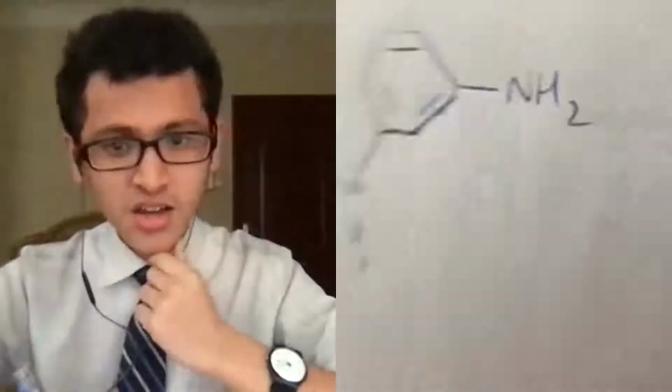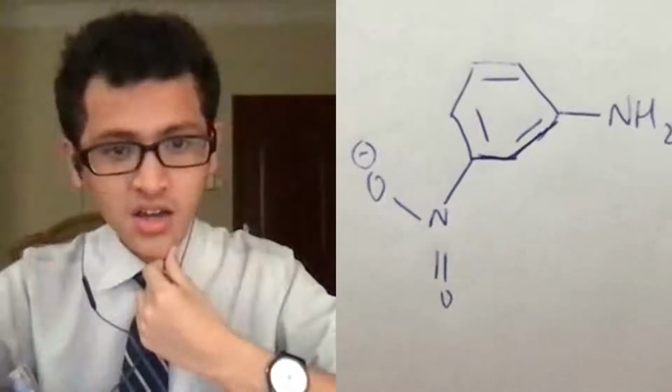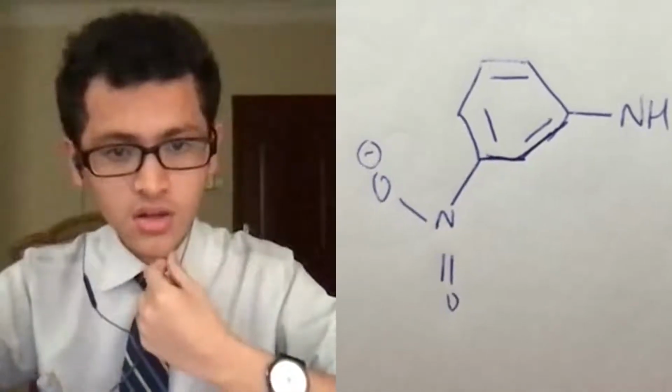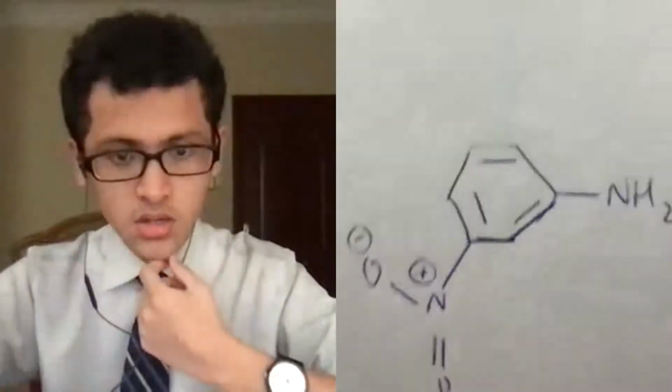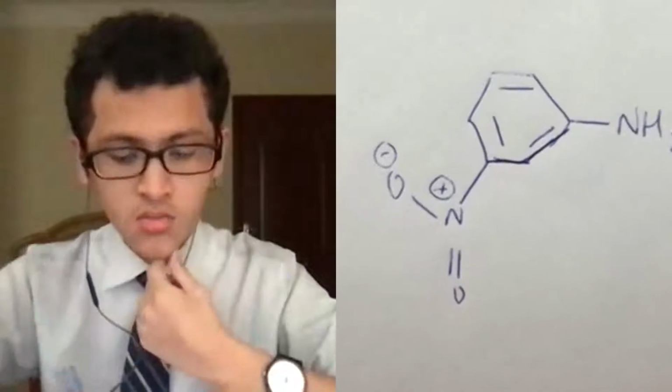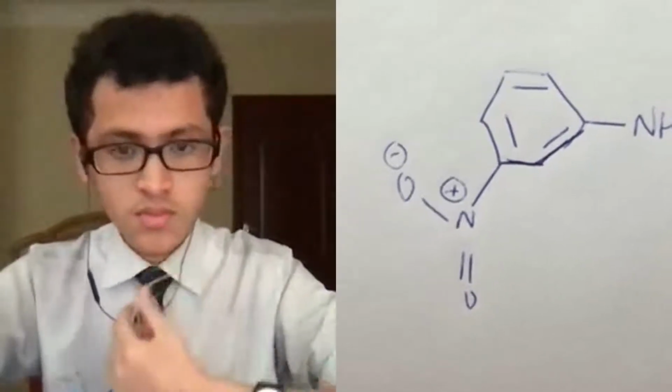Do you know how an NO2 looks like? So you've never seen an NO2 before, and that's a big problem. There's a nitrogen plus, by the way. The nitrogen has 4 bonds. So it's an NO2. Overall, it's neutral, but it's got a plus on there.